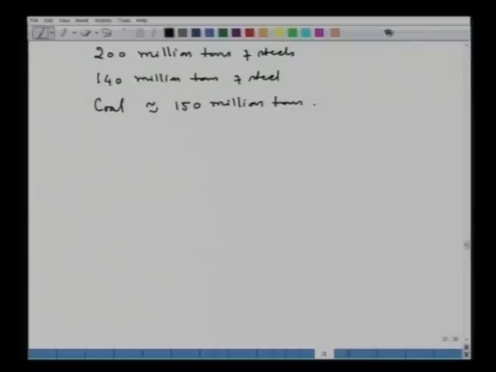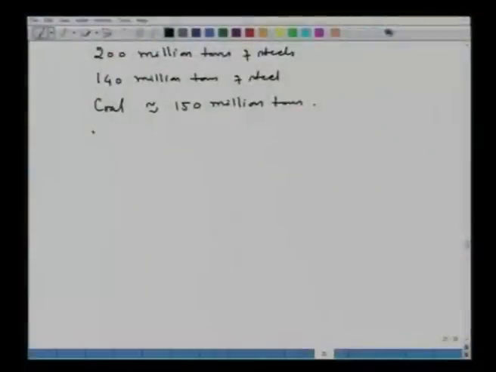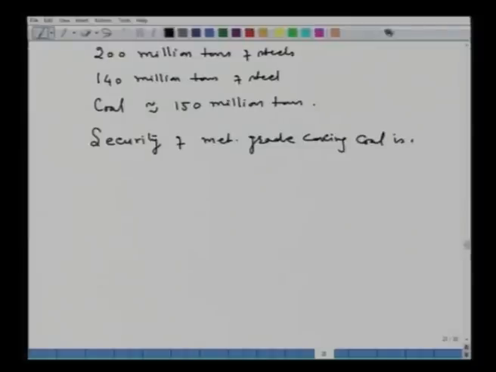Also, coking coal accounts for 65 to 85% of the primary sources of energy. Now what does this calculation mean? India has a shortage of metallurgical grade coking coal, and the deficit is met through imports. So security of metallurgical grade coking coal is very, very important.